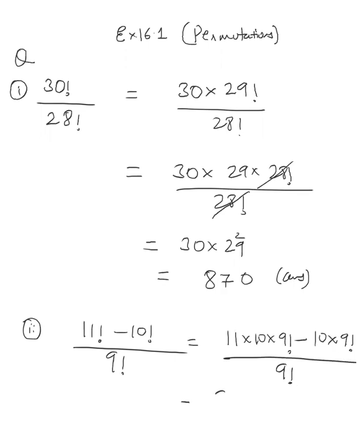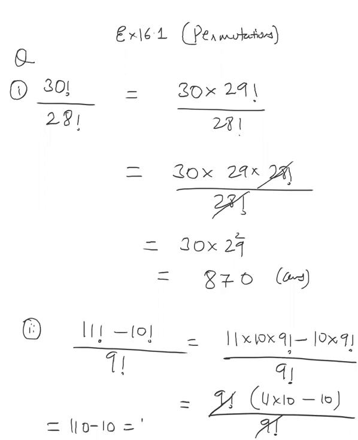So you can take 9 factorial common. This will cancel. So answer will be 100. Understand or not understanding? Just note it down and raise your hand, please. Then we'll do the next question.